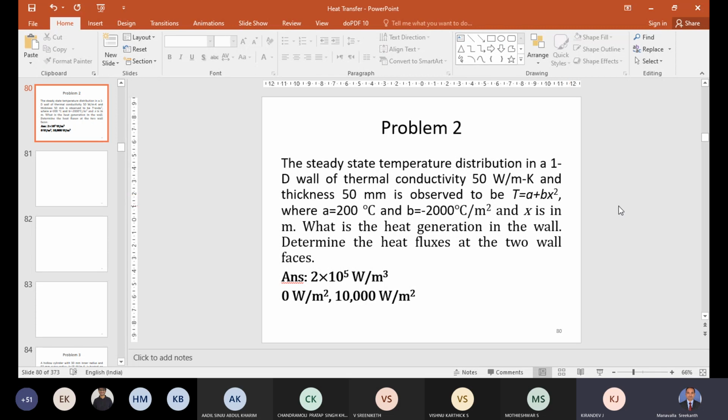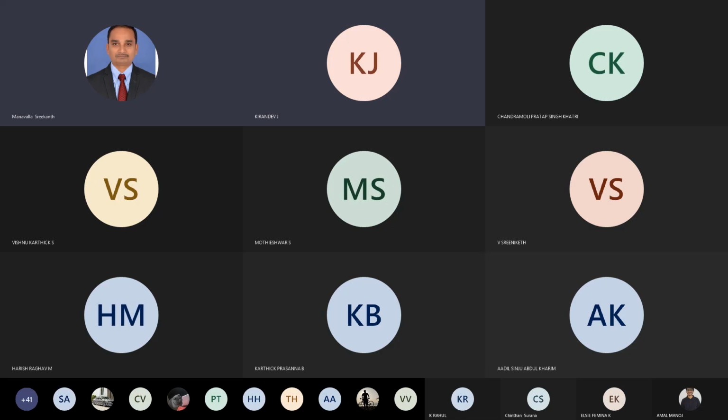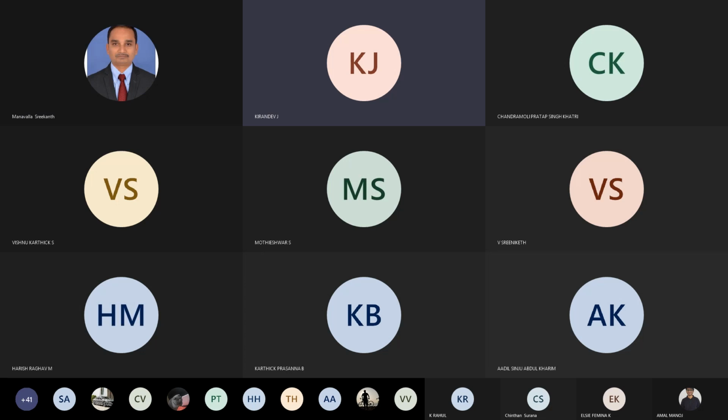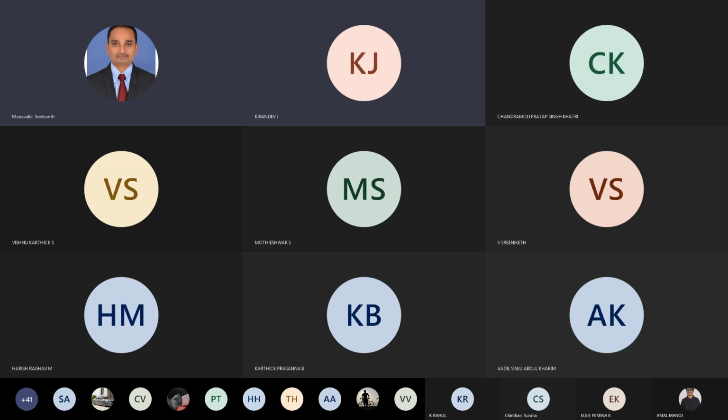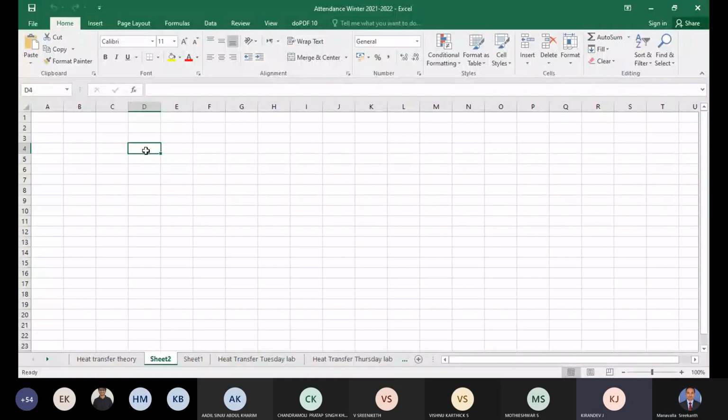Okay. Now, before we actually go into finding out what is the heat generation in the wall, let us find out how the temperature profile looks like. Okay. I'll open an Excel sheet, and using that I'll try to evaluate the temperature profile. We have x, and we are given that x varies from thickness of 50 millimeters.